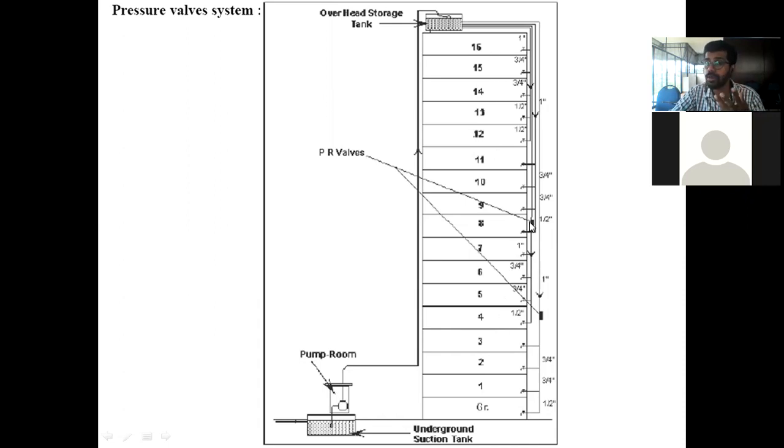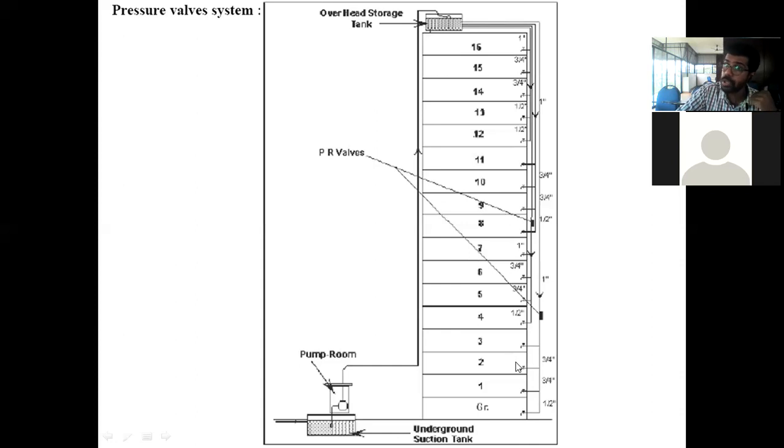Still you need a pressure reducing valve. Till an 8-story building, or till 80 feet, you don't need a pressure reducing valve because the maximum it can have is 80 psi. If this building was an 8-story building, you wouldn't need a pressure reducing valve. Why? Because the pressure at the last point would be a maximum of 80 psi only, because the height is 80 feet.